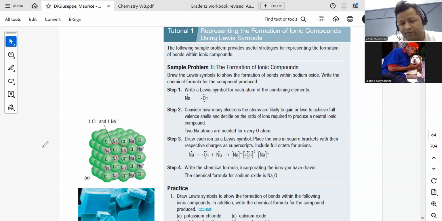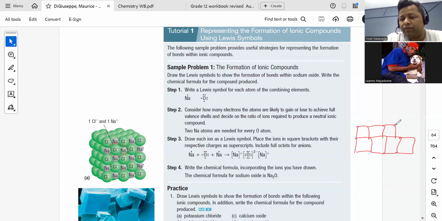Imagine when you play Lego. Let us say we have cubes and we arrange the cubes next to each other. A group of cubes together forms a crystal lattice.